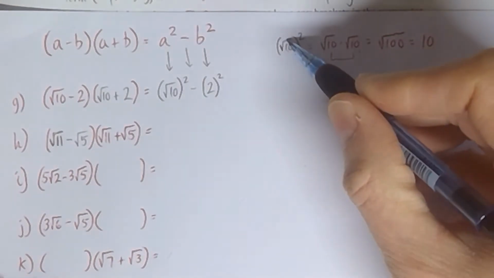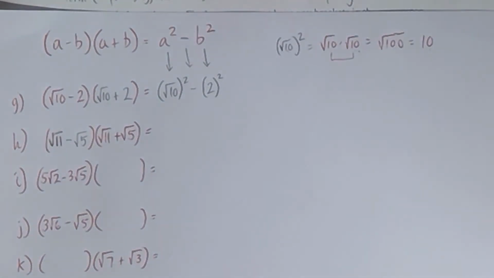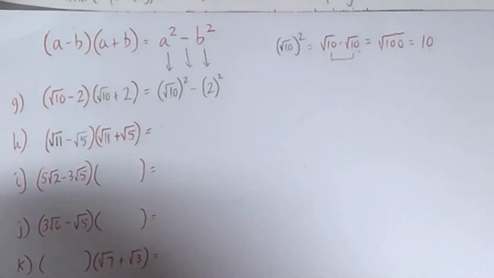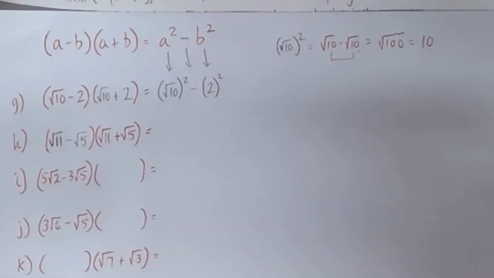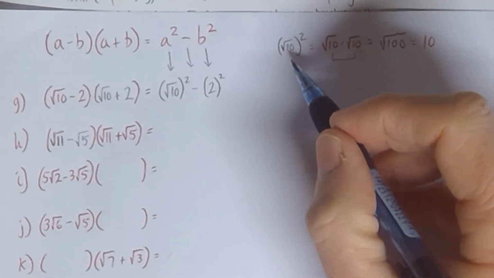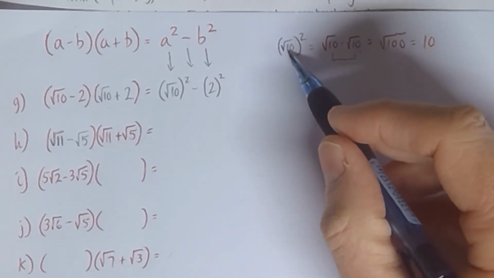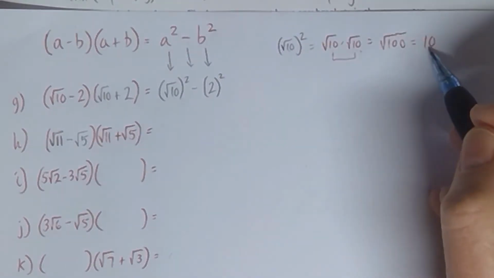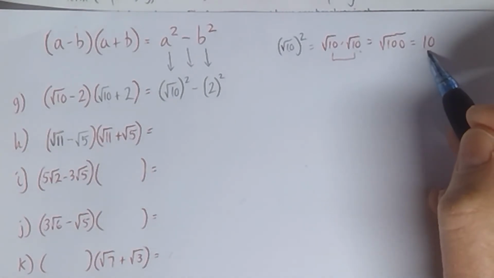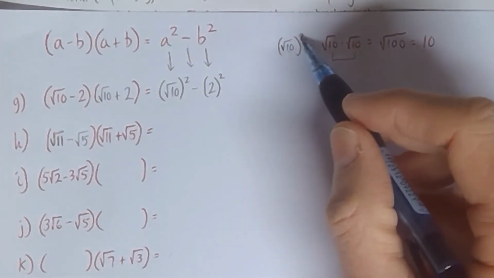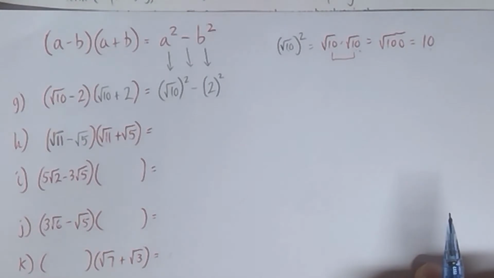We know that the square root of a negative number is not a real number. When we talk about imaginary numbers later, we'll talk about how to deal with that. But for now, when you square a square root, as long as it's not a negative underneath the radical, it's just going to be equal to that same number underneath the radical. Basically, the square and the radical cancel each other out, in other words.